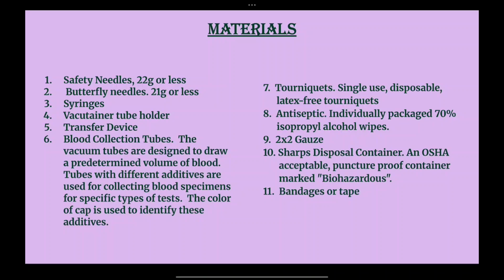These vacuum tubes have certain additives added to them to avoid blood clot formation inside the tube itself. If the blood clots, the test cannot be performed. Hence some additives are added, depending upon the type of test that is performed using the blood sample.